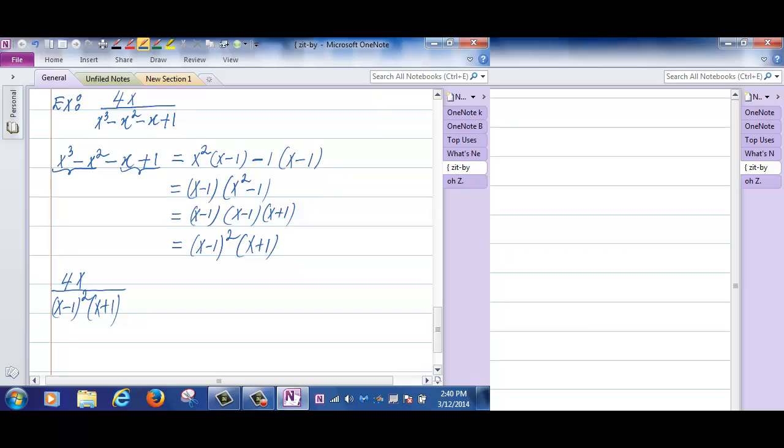Write down the partial fraction decomposition. Remember, in the partial fraction decomposition, each factor in the denominator contributes certain terms, right? Now, what is contributed by x minus 1 squared? Anyone? What is contributed by x minus 1?